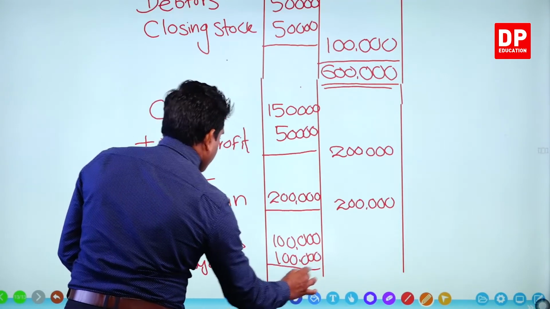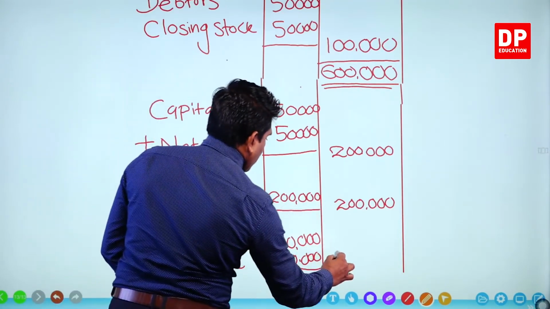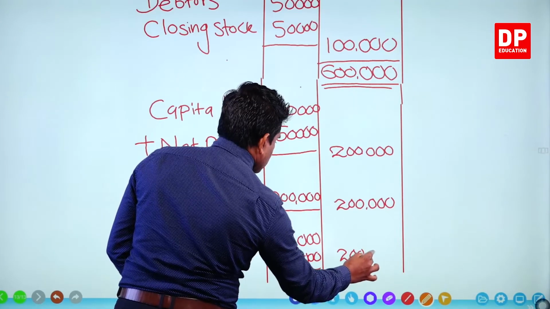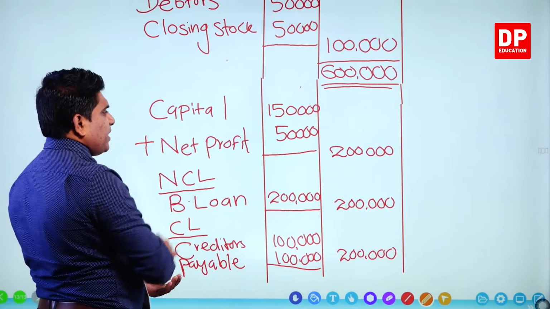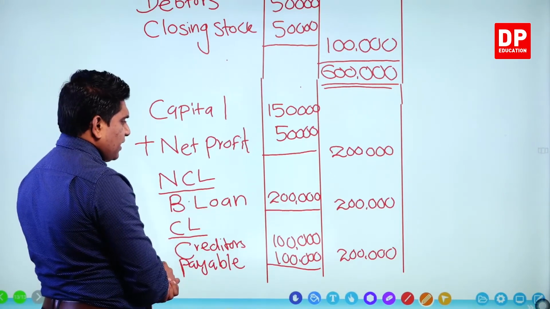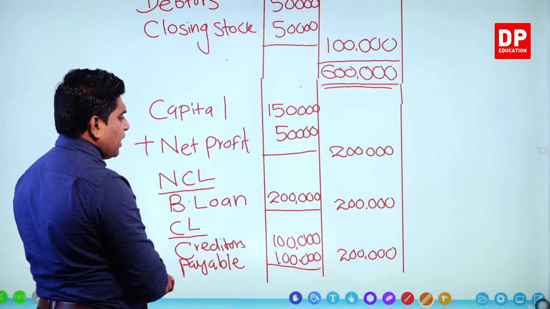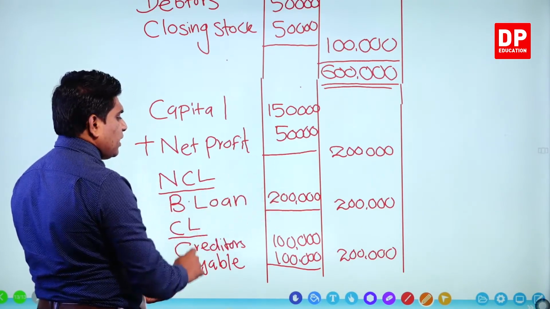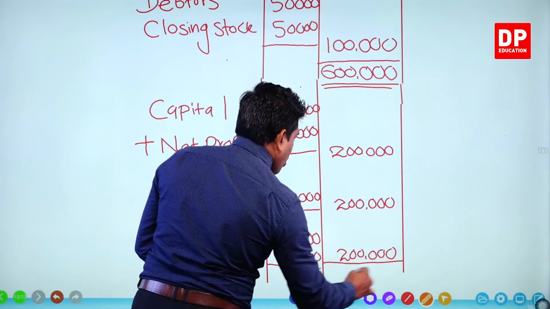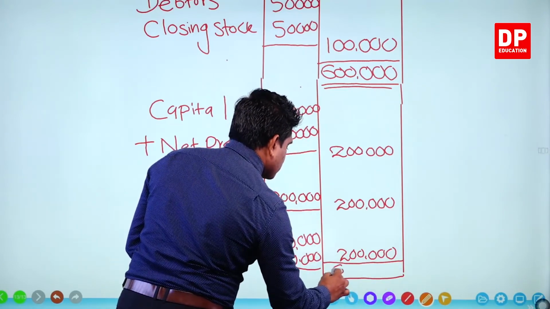Then this value also we bring to the second column. Here how much? 200,000. Now 200,000 capital plus net profit. Liabilities, current liabilities 200,000. Non-current liabilities 200,000. How much the value now? 600,000.